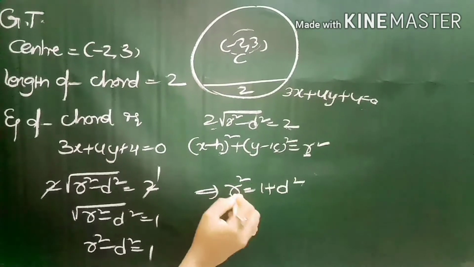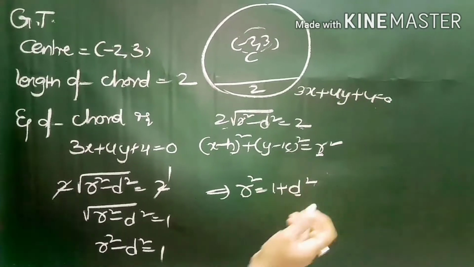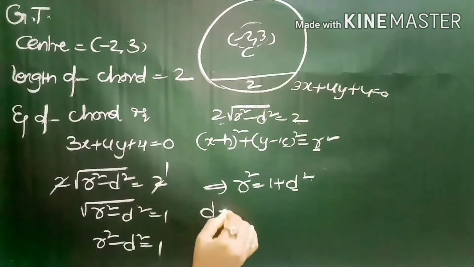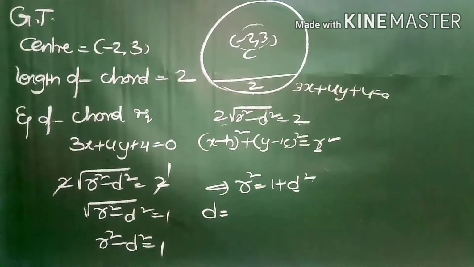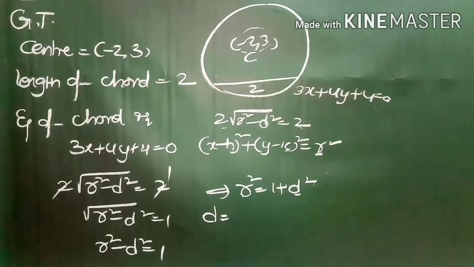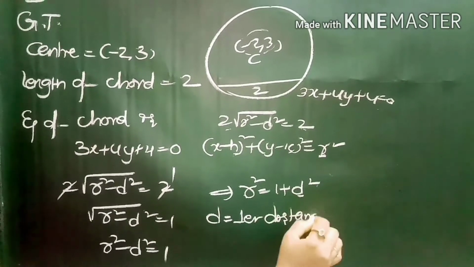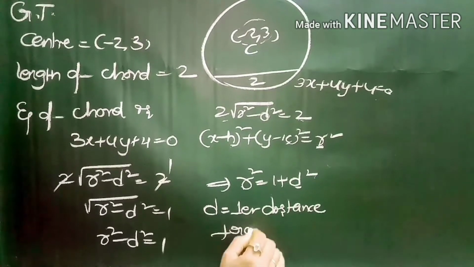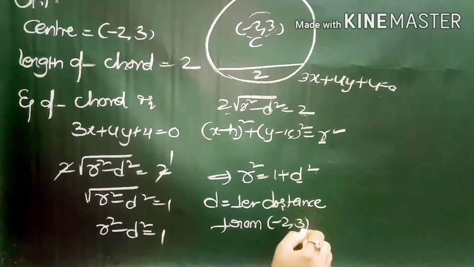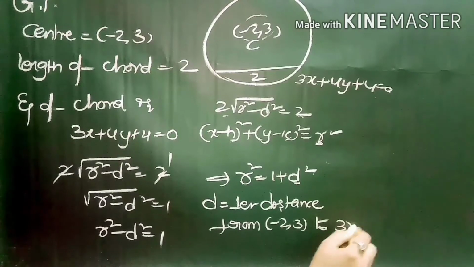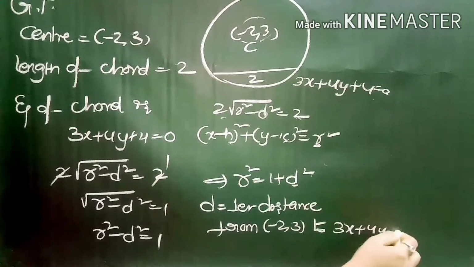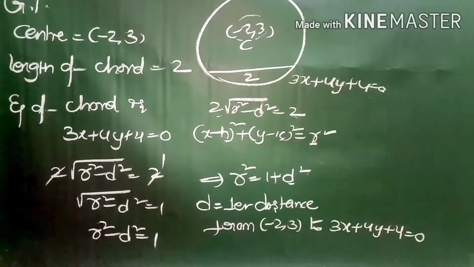Now to get the value of r, we want the value of d. So we are finding the d value. What is d? d is equal to the perpendicular distance from the center (-2, 3) to the given line 3x plus 4y plus 4 is equal to 0.